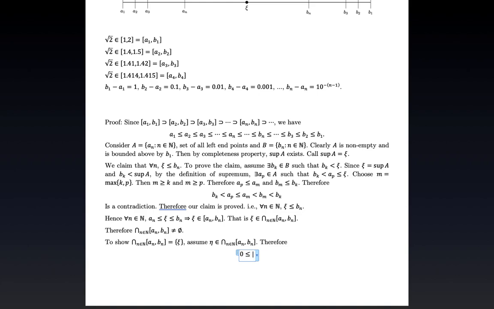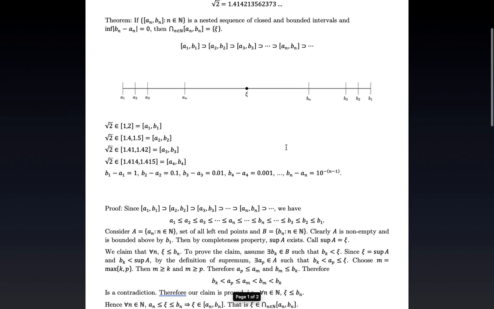Since xi is in [An, Bn] for all n, and eta is also in [An, Bn], the distance between xi and eta will be smaller than the length of every subinterval [An, Bn].